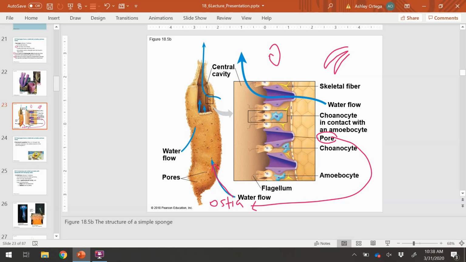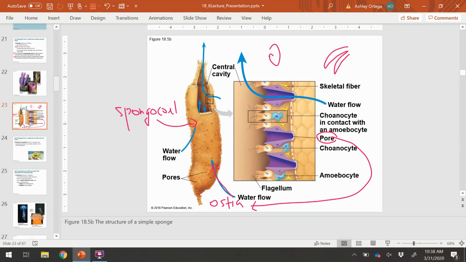And so as that happens, then that water gets propelled to the center of the sponge. The center is called the spongocoel. It has a unique spelling as well. And so that's the sponge cavity, right?